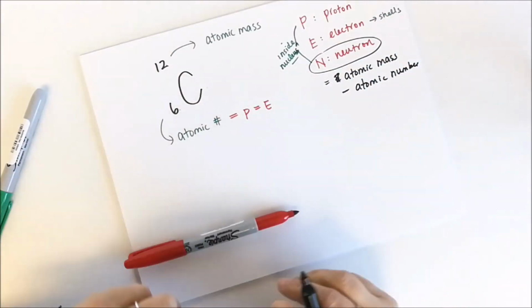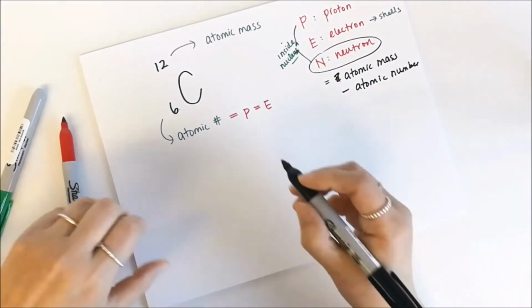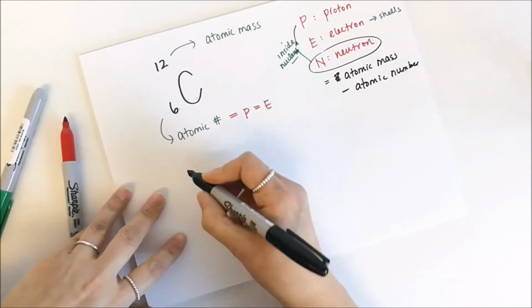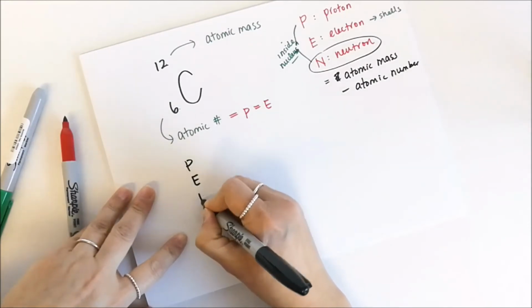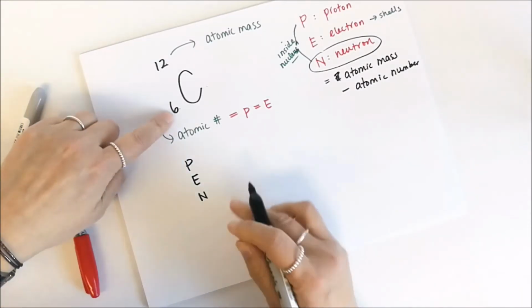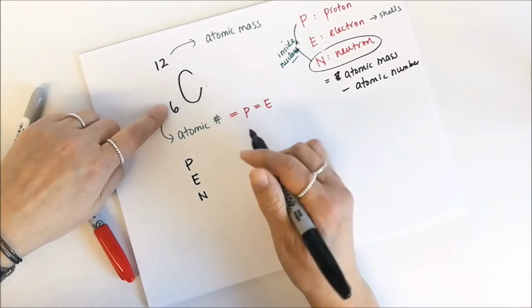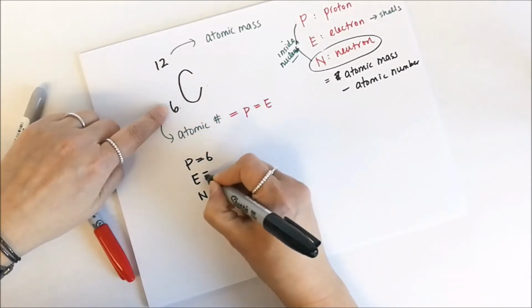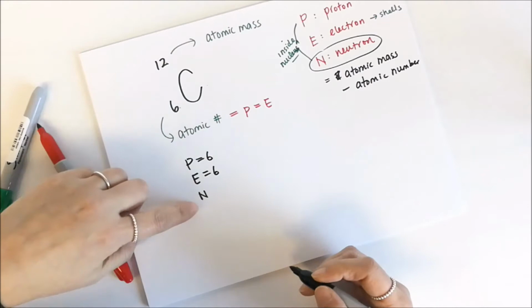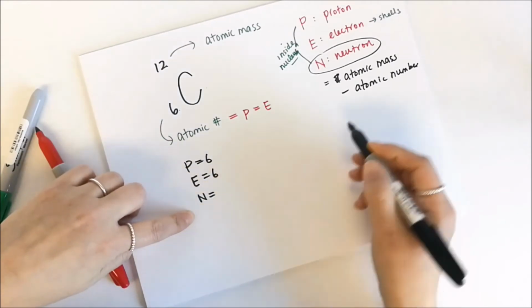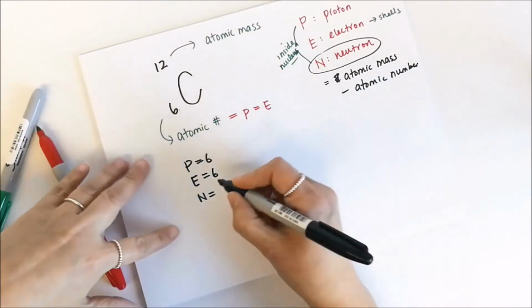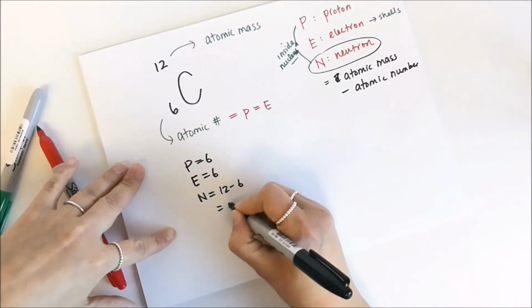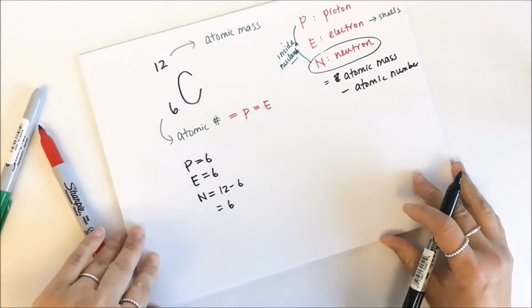So in this particular case for carbon, every time I'm drawing a Bohr Rutherford diagram, I would first of all write down PEN. Reading from here, I know P and E both always equal the atomic number, which is going to be 6 for carbon. And then neutron is the only one that involves calculations, and I have to subtract these 2 numbers. So 12 minus 6, I have 6 neutrons.